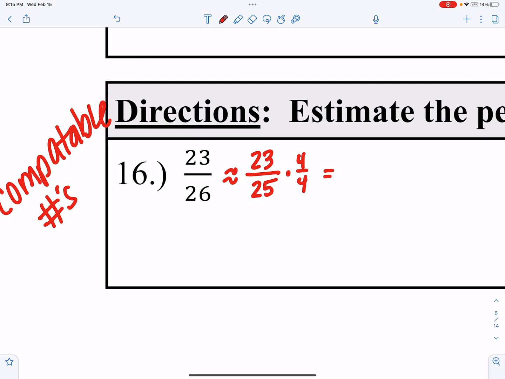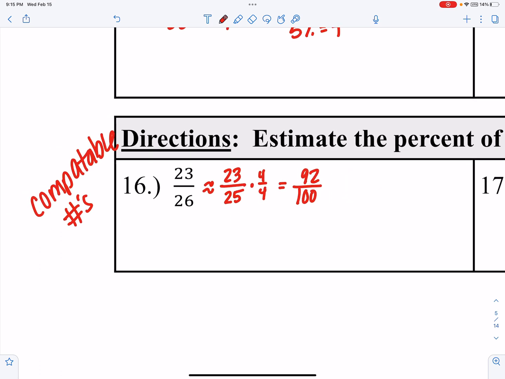And I know that we have 100 on the bottom, and then 23 times 4. We have, let's see, 20 times 4 is 80. And then 3 times 4 is 12. So 80 plus 12 is 92. And I know that the fraction 92 hundredths is 92%.